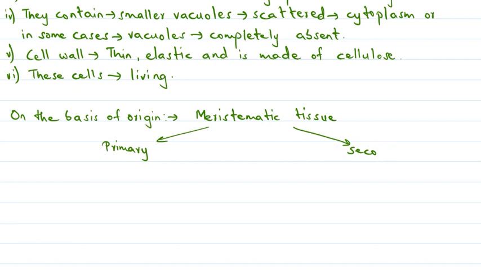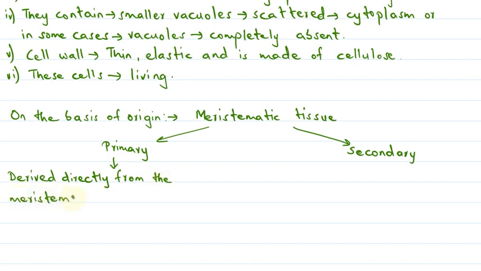The primary meristematic tissue is the one that is derived directly from the meristems of the embryo.